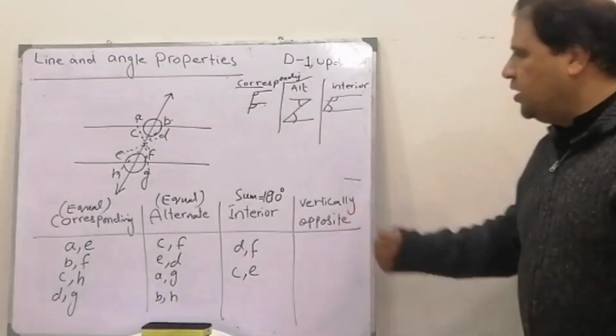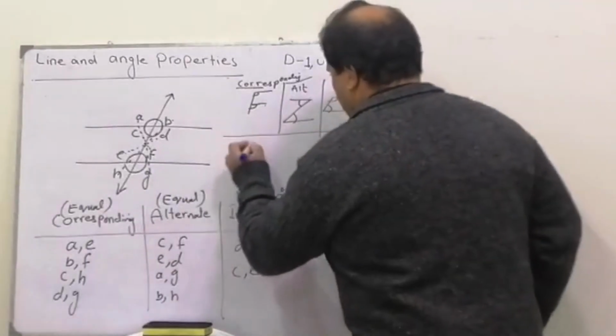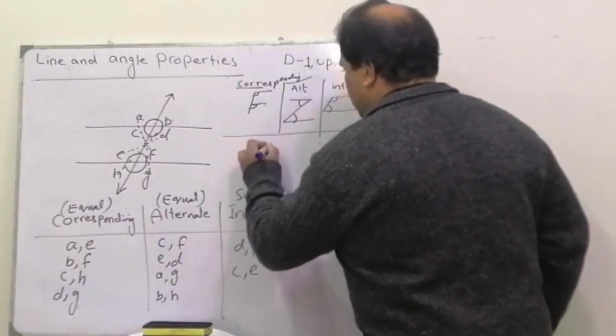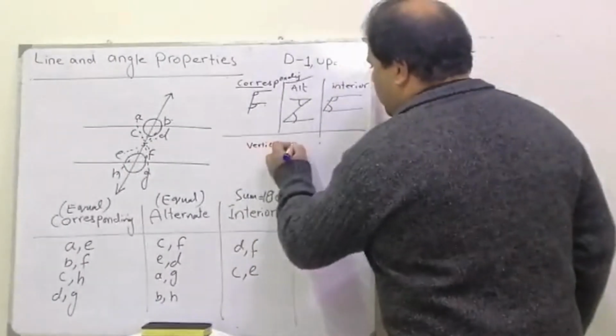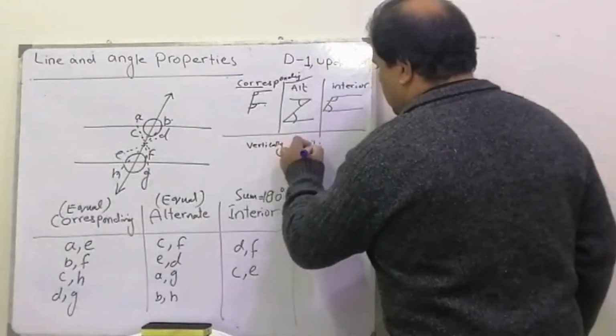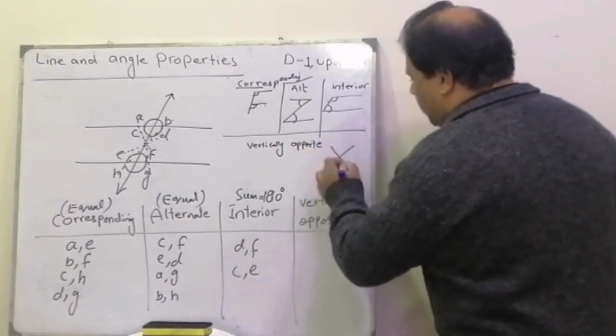And lastly, vertically opposite angles, they make an X. I have already discussed this in a previous video as well. Basically they are formed when there is a cross.